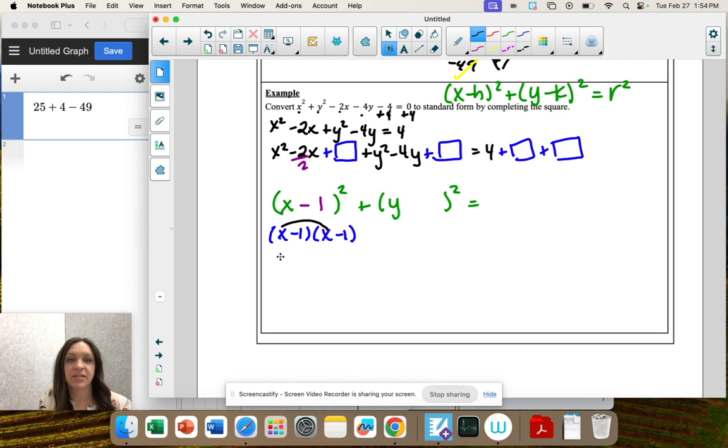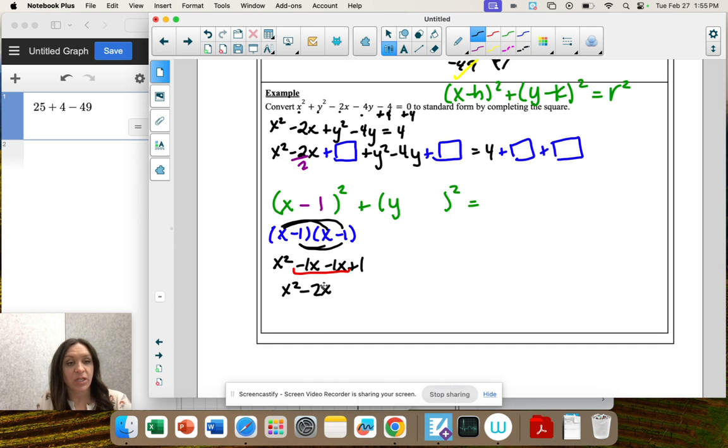X times x is x squared. X times -1 is -1x. -1x, and then -1 times -1 is +1. So the middle two combine. Right here, -1 minus 1 is -2x. So see how we have that?